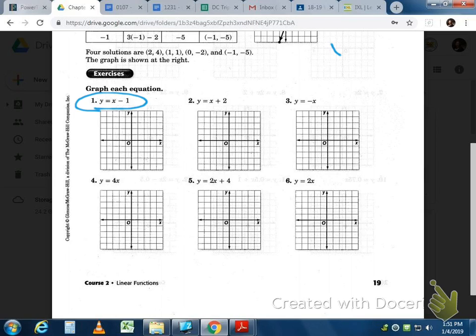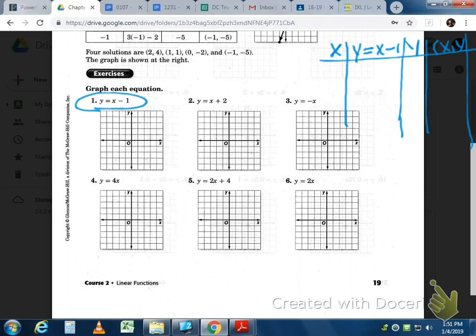I'm going to give an x column, a y equals x minus 1 column, a y column, and then an ordered pair column, an x, y. That's going to give our solution. So this is basically a function table without the whole box drawn around it.